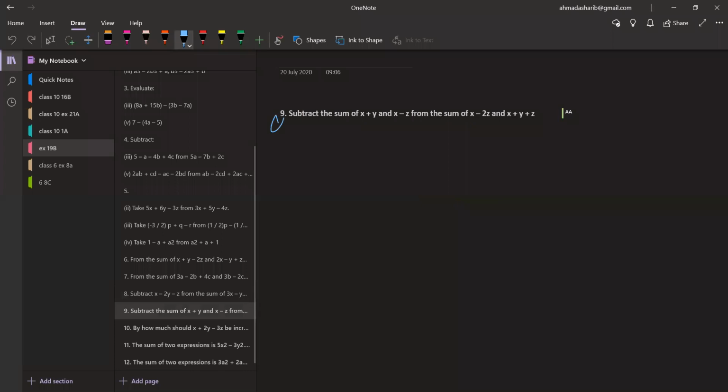Question number 9. Subtract the sum of this and this from the sum of this and this. So first find these sums. Okay. So first we will find the sum of this and this. So write x plus y plus x minus z.